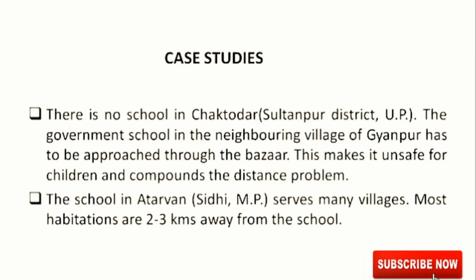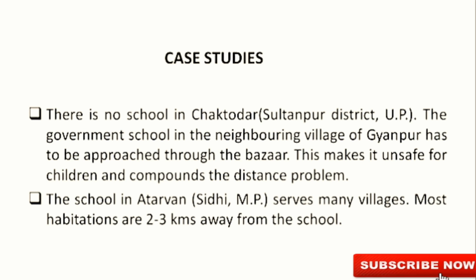In the second case study, we have seen the problem pertaining to access, and there are also many other case studies. There is no school in Chattoda, Sultanpur district in Uttar Pradesh. The government school in the neighboring village of Gyanpur has to be approached through the bazaar. This makes it unsafe for the children and compounds the distance problem.